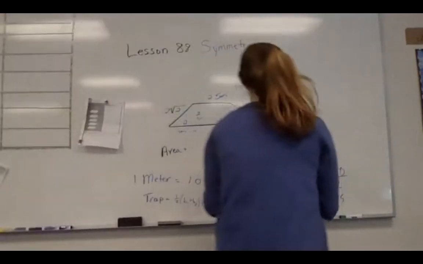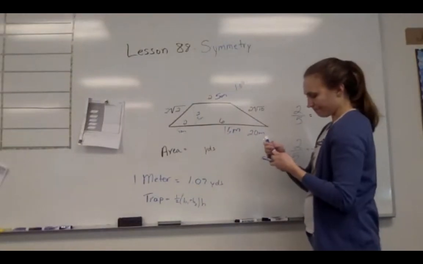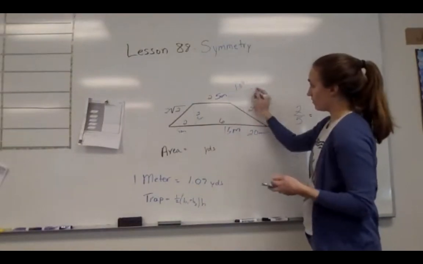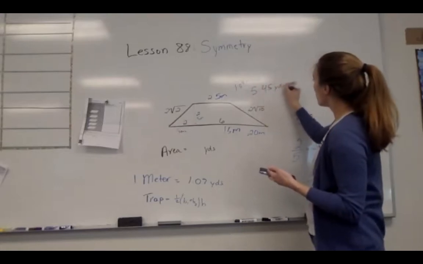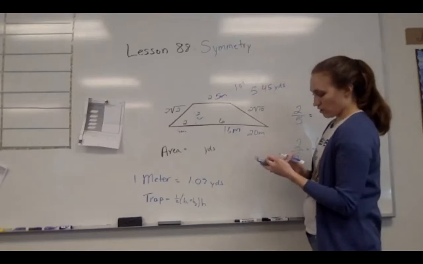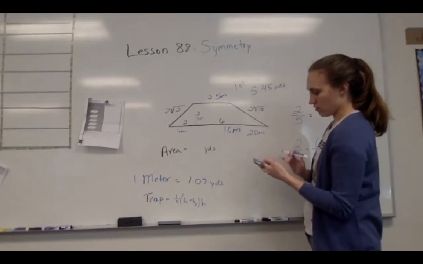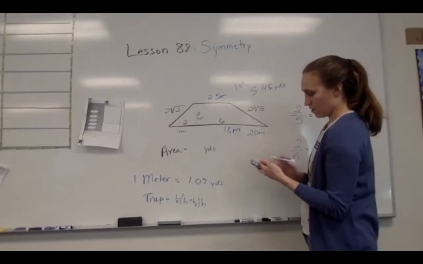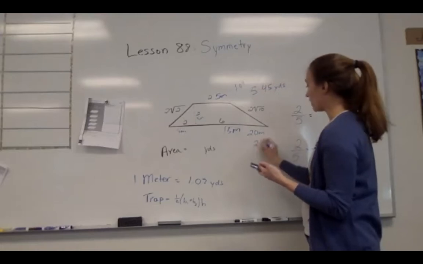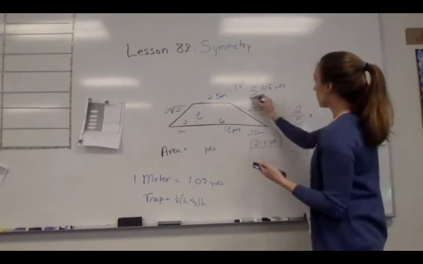I did part of this. 5 meters is 5.45 yards. And then 20 times 1.09 is 21.8 yards. So now I've converted my meters to yards.